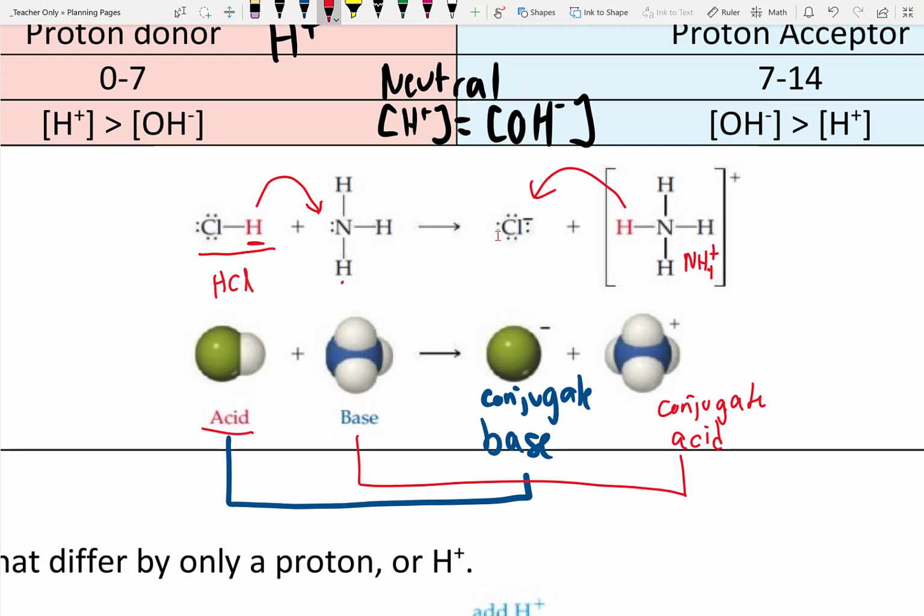So we have HCl and NH4+ as our acids in this reaction, and NH3 and Cl- as our bases in this reaction.